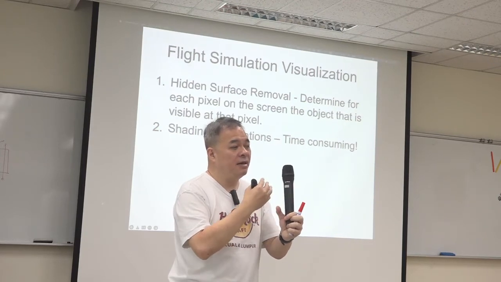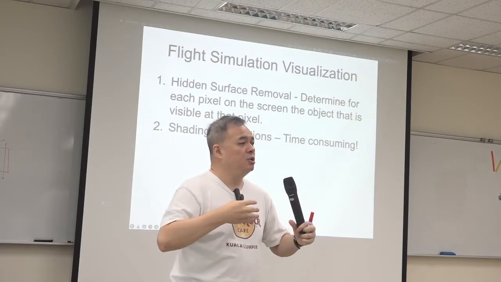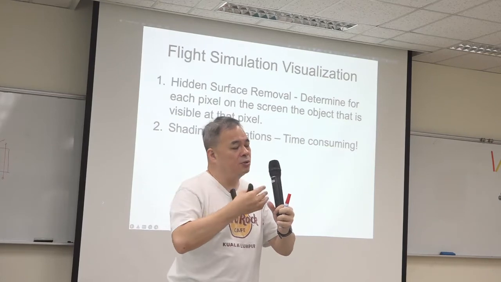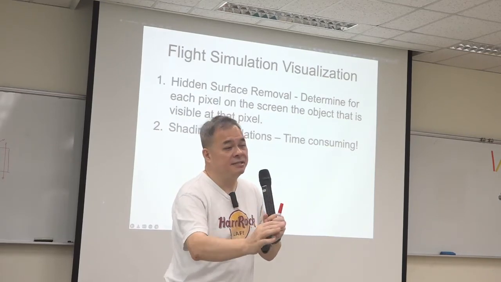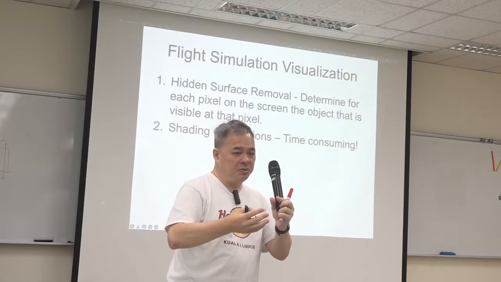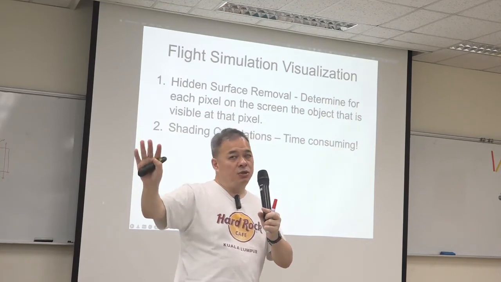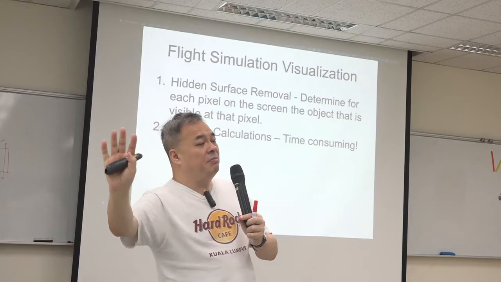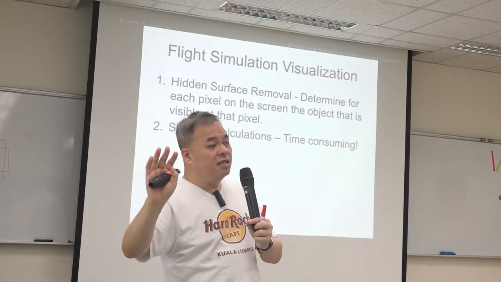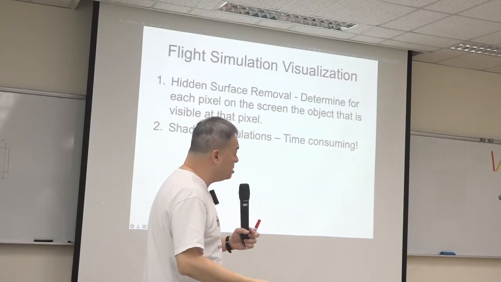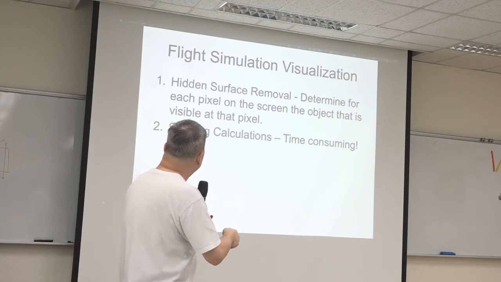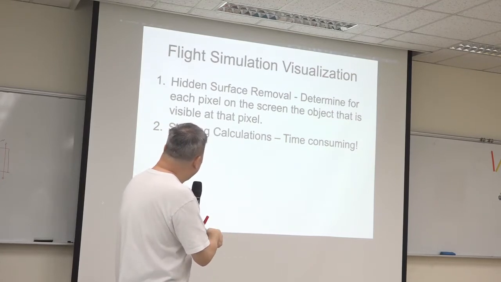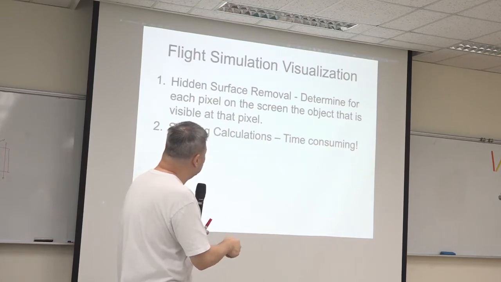Because of the occlusion, some objects shouldn't be seen. You should see, for example, this building, but you cannot see anything behind that building, because that building blocked your view. In other words, this problem is called hidden surface removal.